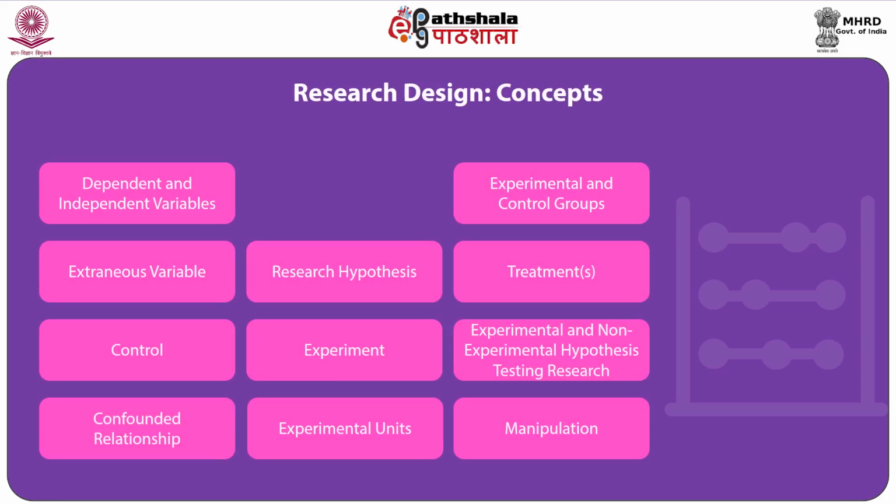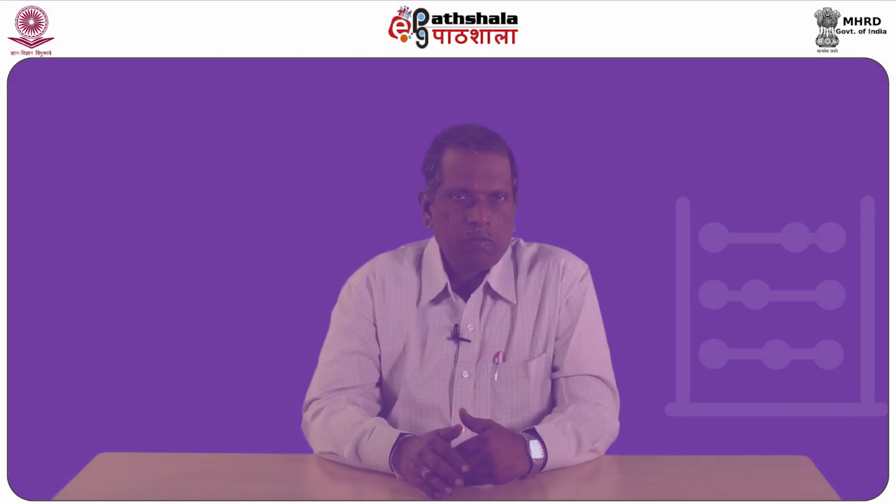There are various concepts, starting from dependent and independent variables, extraneous variables, control, confounding relationship, research hypothesis, experiment, experimental units, experimental and control groups, treatments, experimental and non-experimental hypothesis research, manipulation. We will briefly discuss these concepts.